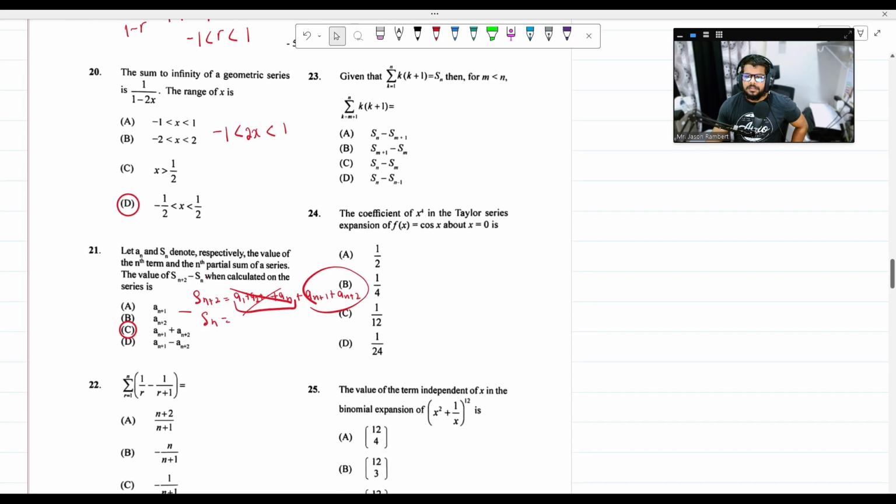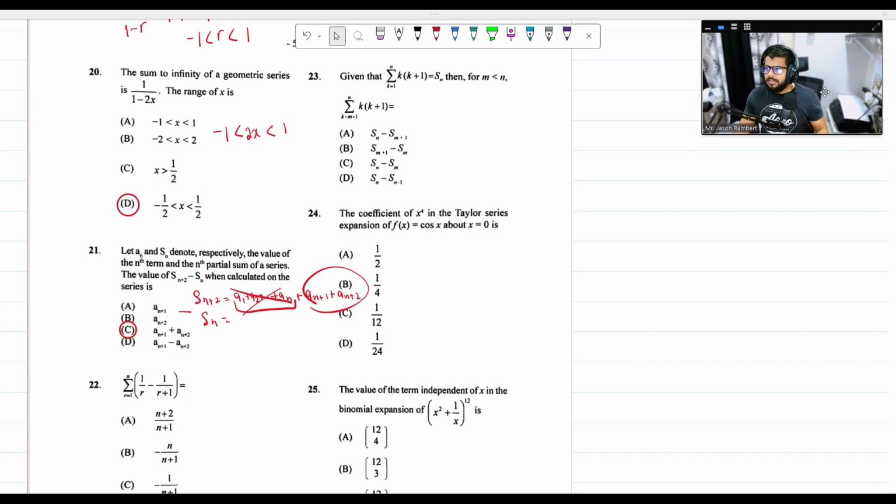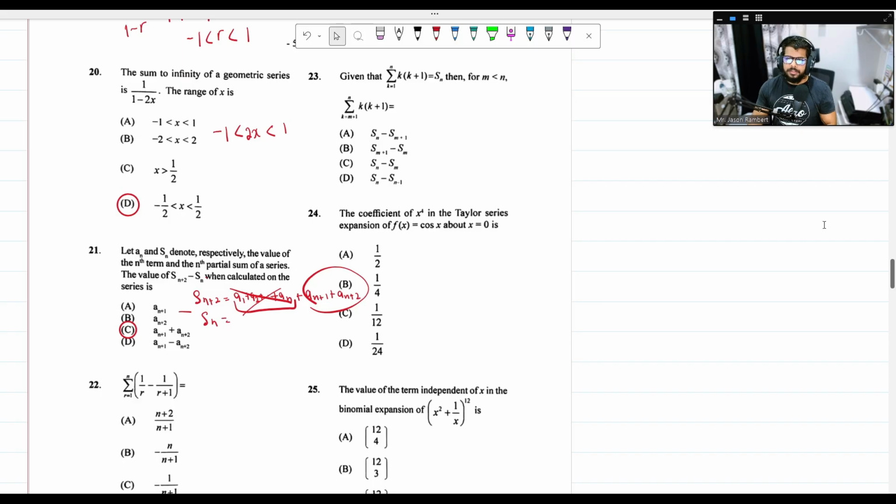Given that the sum from k to n is s sub n, if m is less than n, then the sum from k starting at m plus 1 and ending at n is going to be, okay, so let's take a look and break it down with an example here, just so you all understand it.